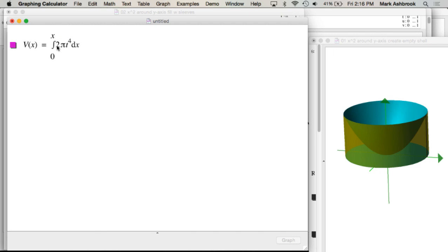Is that what we came up with? Is that accurate? Okay, so we've defined that function, and now if we want the volume of the finished product when the current value of x is 1, we can just put in v of 1. There it is, 1.25664. That's the volume of that filled empty shell.